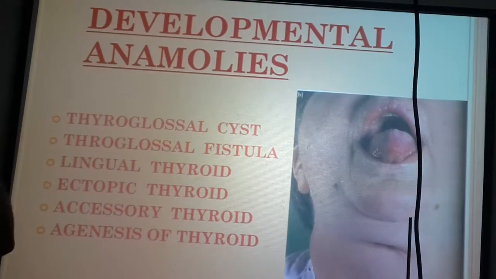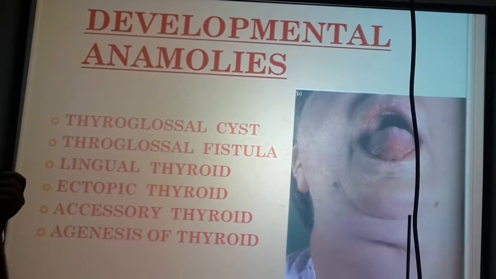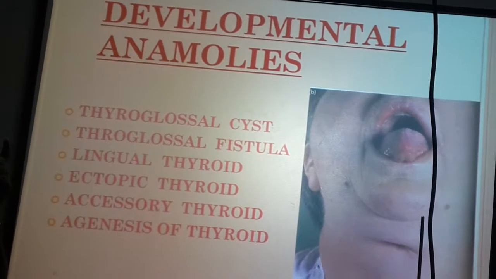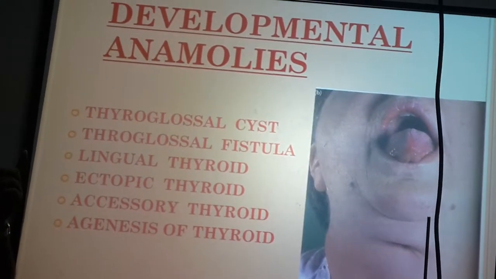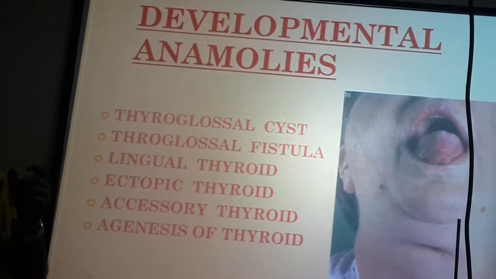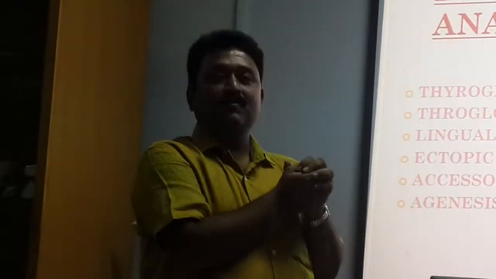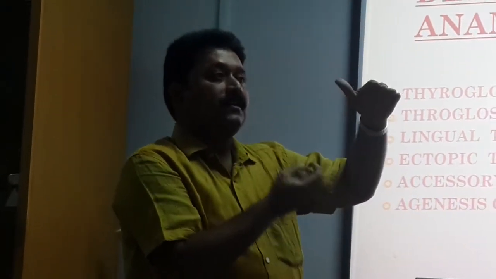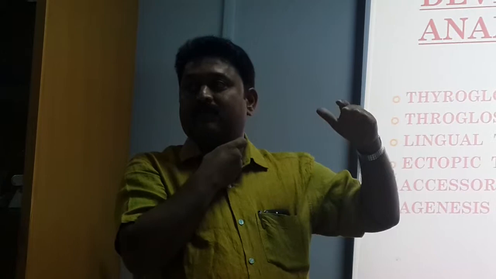So, the development of the tongue, you know, you study in the embryology class. From that part, the thyroglossal duct will be there. It descends downwards and then detaches, remaining in the neck.